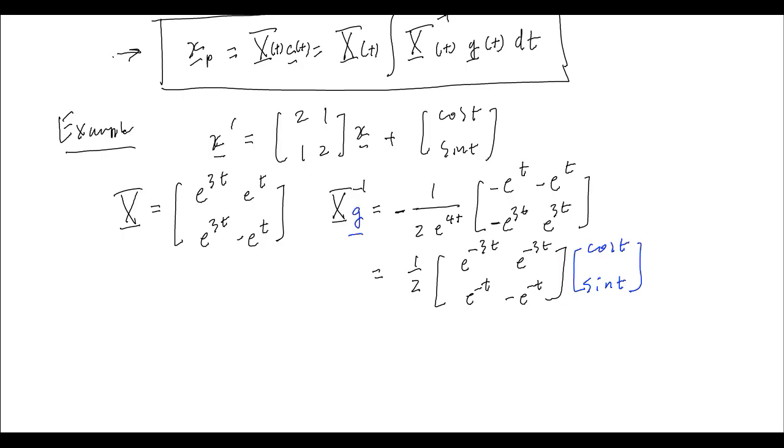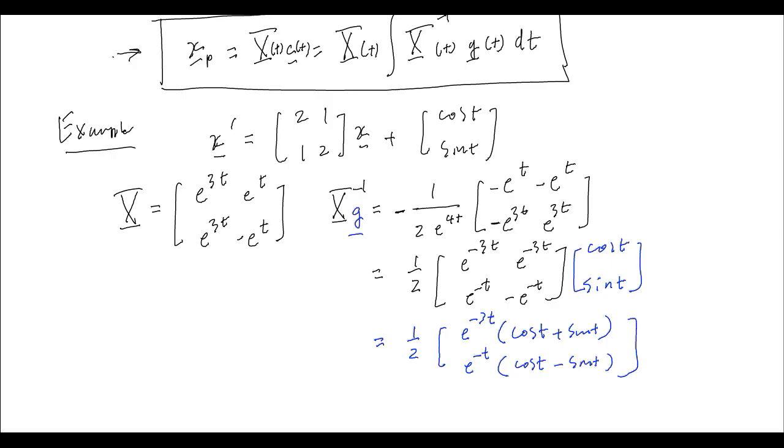Then you will get 1/2 e to the minus 3t (cosine t plus sine t), and e to the minus t (cosine t minus sine t).